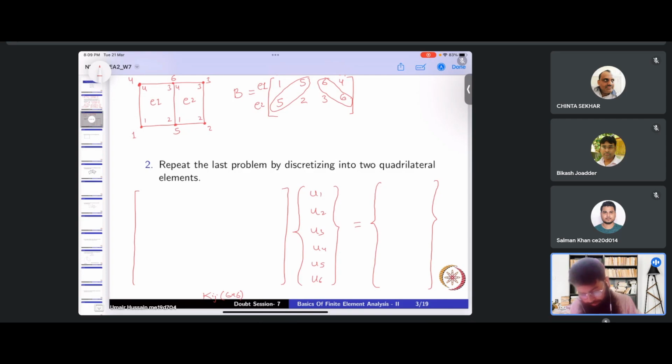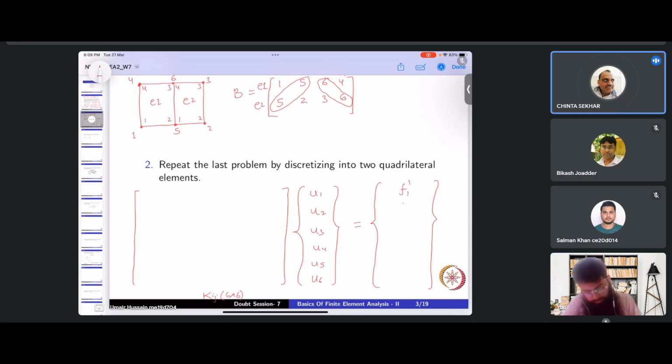For node 1, how many contributions do we have? Only one, that is F1 of element 1. For node 2, how many contributions do we have?